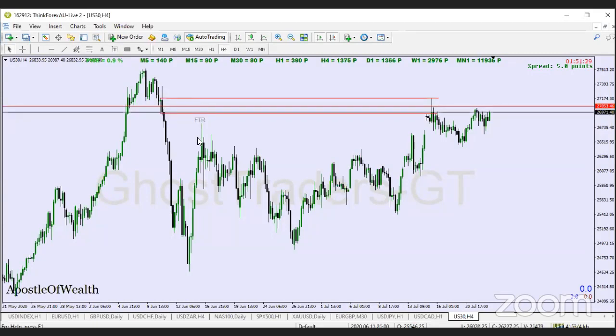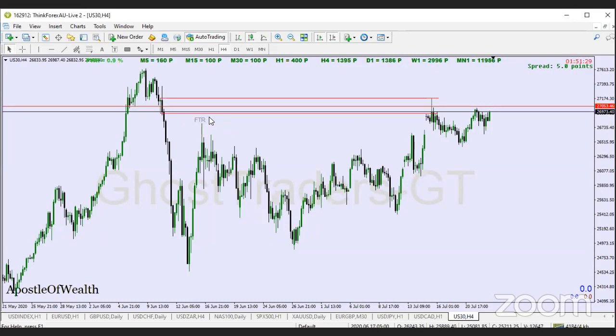So when we see a failure swing to our supply, or whatever you can call it, to our base in this case, or our supply, it's the same thing. It sort of validates that the market, when it comes next time, it's gonna respect that area, okay?